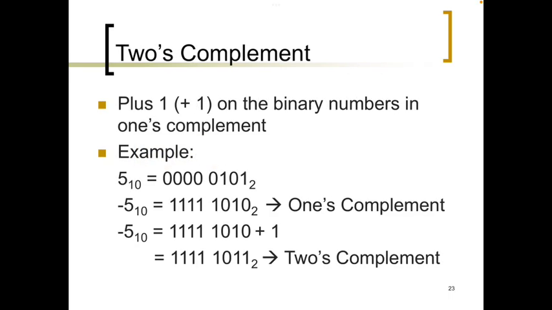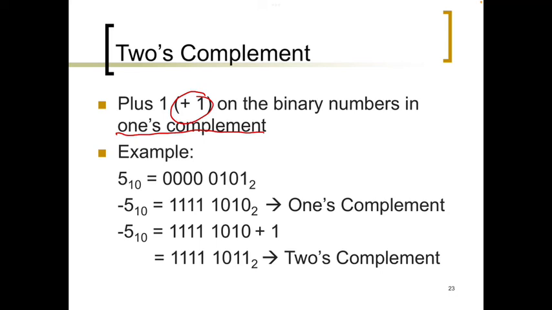What is 2's complement? 2's complement is actually plus 1 of the 1's complement. That means we need to get the answer for the 1's complement first, then add 1.